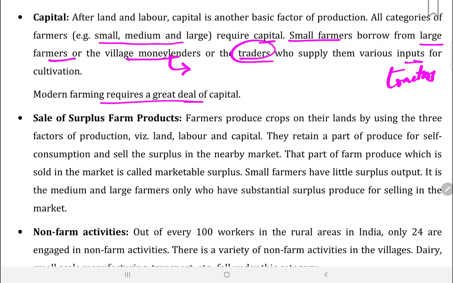Modern farming requires a great deal of capital. Before, people used traditional seeds, and to get more crops they used natural fertilizers like cow dung and kitchen manure, which are readily available. You don't need to buy them from somewhere else.